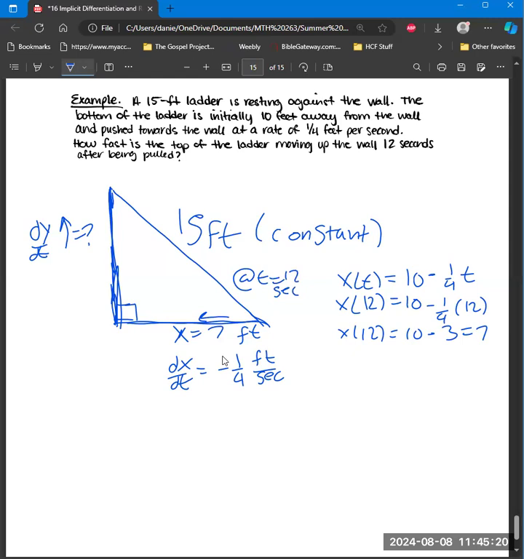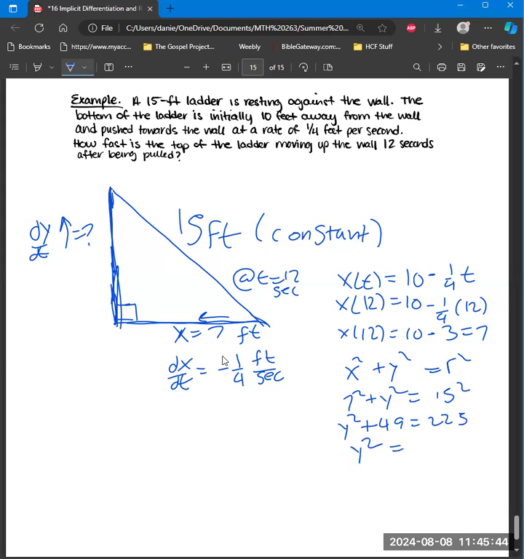And then I can use the Pythagorean theorem. Actually, I need to here to say x squared plus y squared equals r squared. So 7 squared plus y squared is equal to 15 squared. Y squared plus 49 is equal to 225.